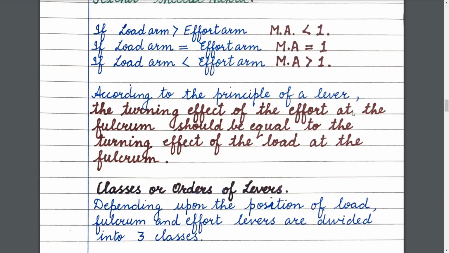That means load multiplied by load arm is equal to effort multiplied by effort arm. Now, depending upon the position of load, fulcrum, and effort, levers are divided into three classes.